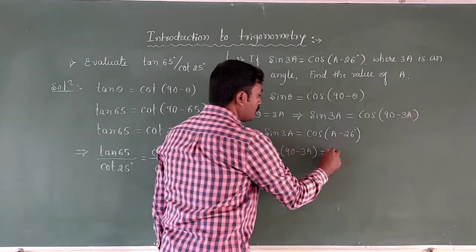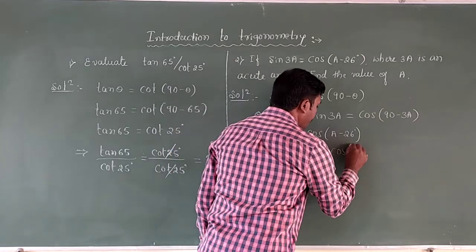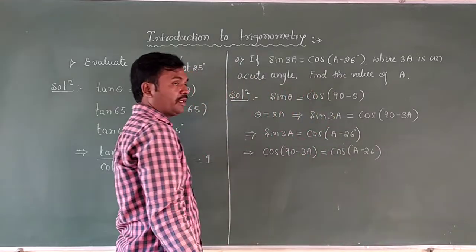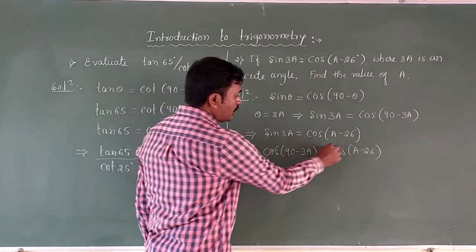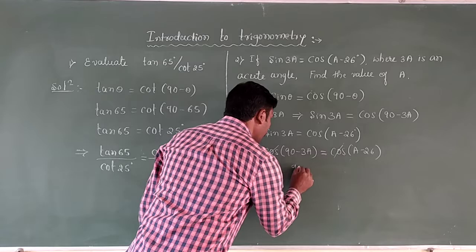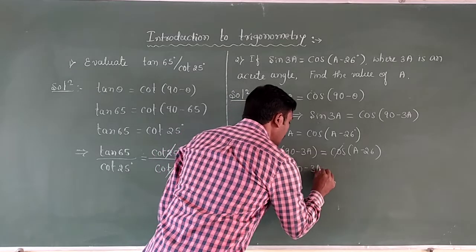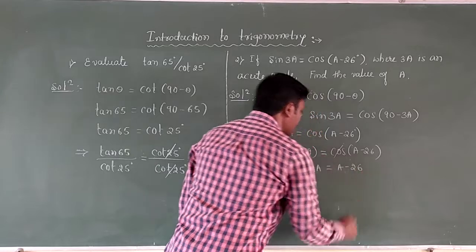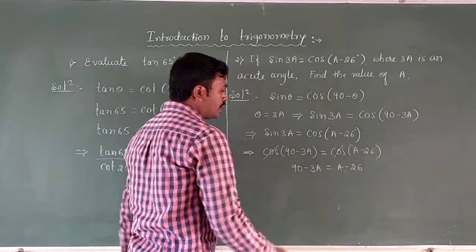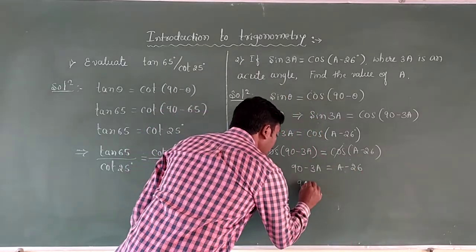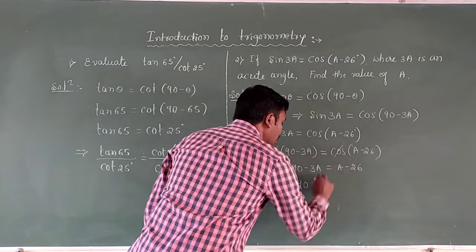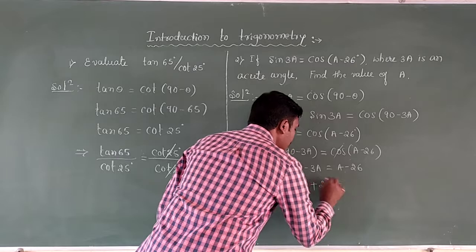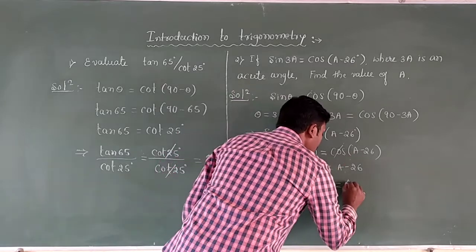So this is equals to cos a minus 26 degree. So here cos get cancelled. 90 minus 3a is equals to a minus 26. Interchange the like terms. So 90, take this one on this side, minus 26 becomes plus 26, minus 3a becomes plus 3a.